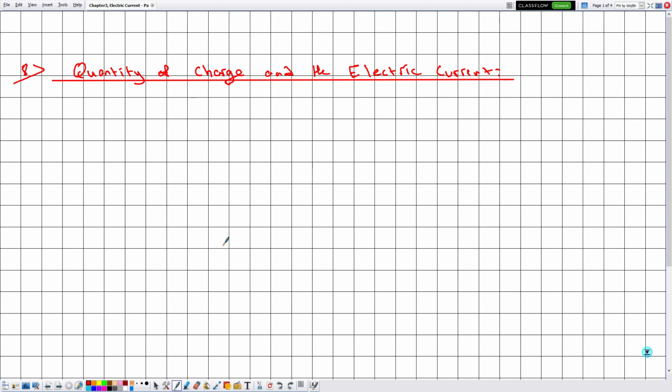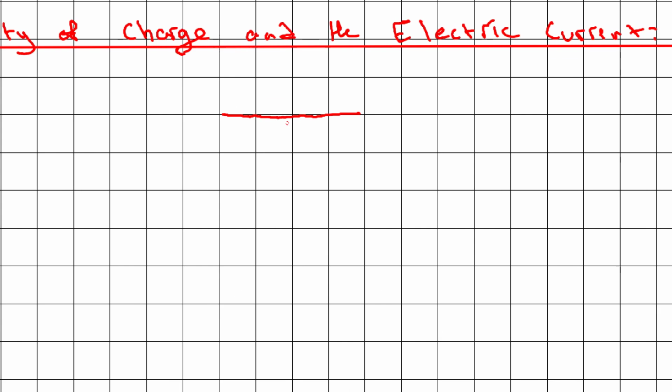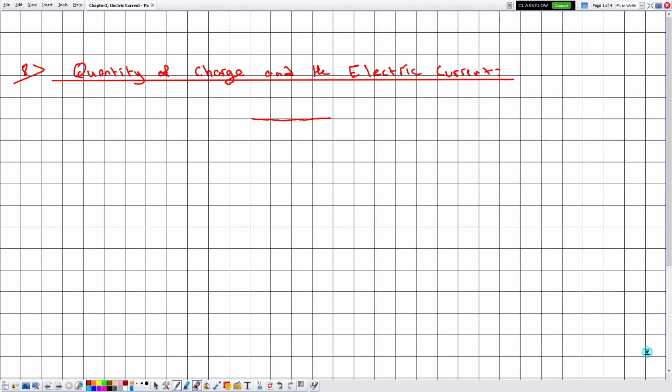So in order to explain this section, let me consider a section of a connecting wire. We know that the wire is represented by simply a line, but now if we get closer to this line more and more, this is a connecting wire that's being traversed by a current I like this from left to right.